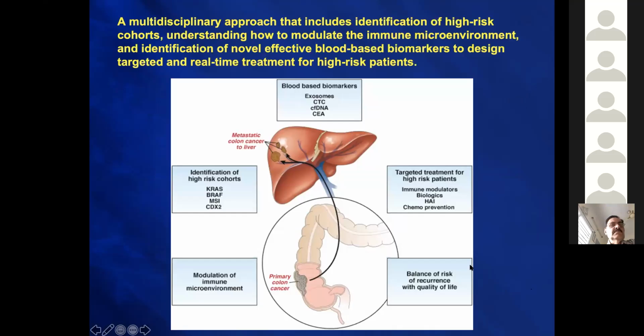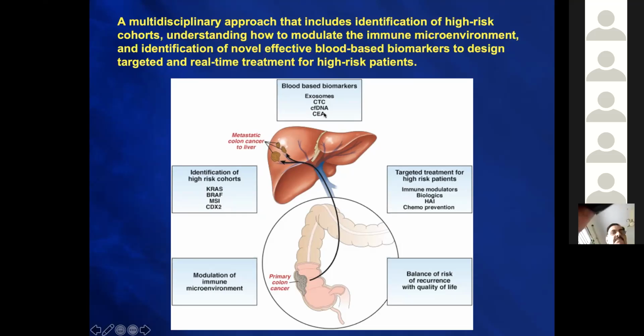Now, cancer care is a multidisciplinary approach. So you have to identify who are the patients who are going to fail. You look into KRAS mutations, BRAF mutations, microsatellite instability. There are also innovative things happening but not yet in clinical practice, like circulating tumor cells and circulating tumor DNA.